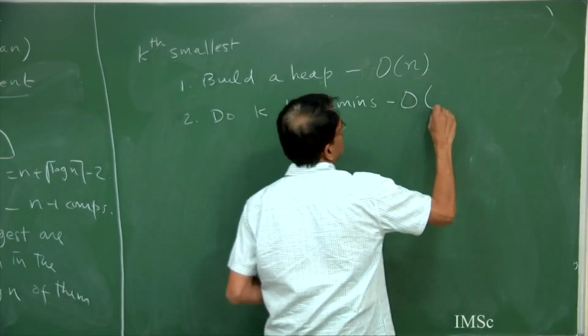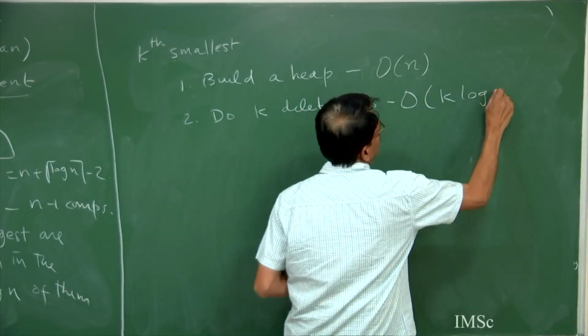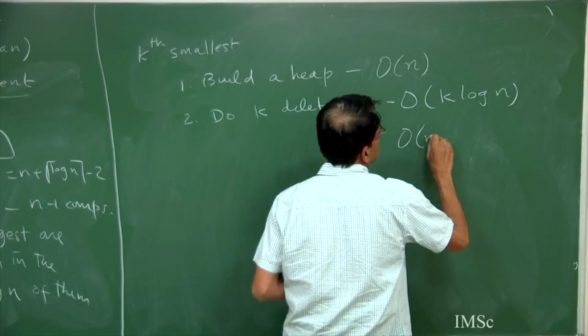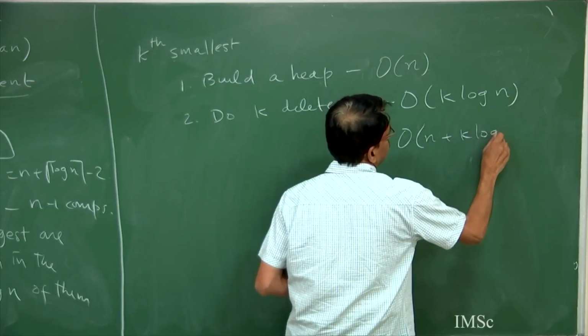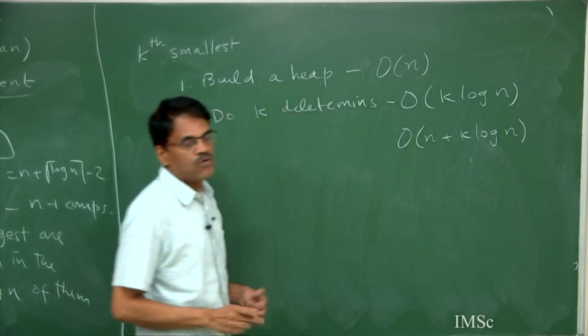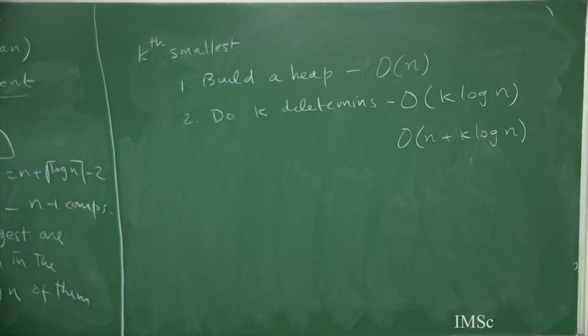And how much time will this take? This is order k log n. So, overall you have order n plus k log n. So, for k up to little o of n to the 3/4, you still have a linear time algorithm.